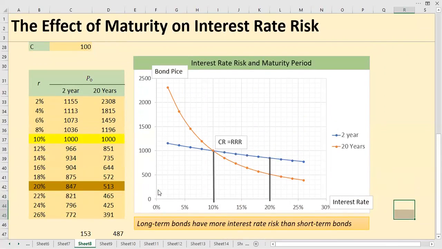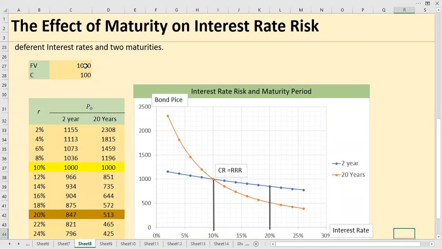If you buy only one bond, for example, by giving 1,000 rupees, if the market price is 1,000 rupees, we are going to buy it for 1,000 rupees. Now, if the required rate of return is 10%, then the market price is 1,000.